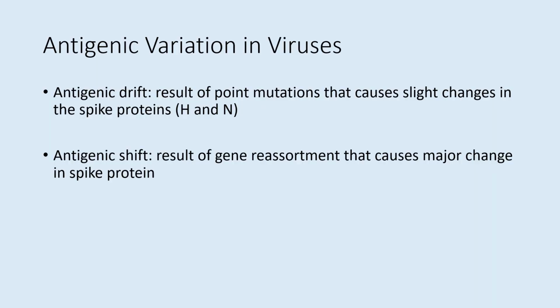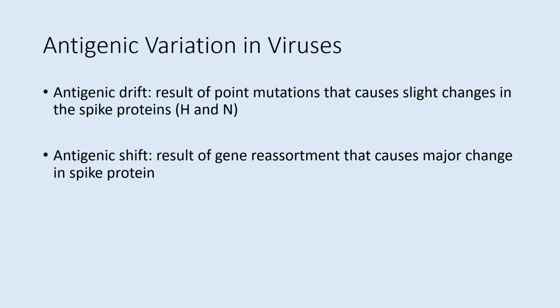Antigenic variation in viruses. This helps to protect the virus in this case. An example of this, classic example, is the influenza virus or the flu virus. It has what's known as antigenic drift and antigenic shift. With the flu virus, there are proteins that are known as spike proteins, and they're given the letters H and N. If there is a point mutation which causes just a slight change in those proteins, that's known as antigenic drift.